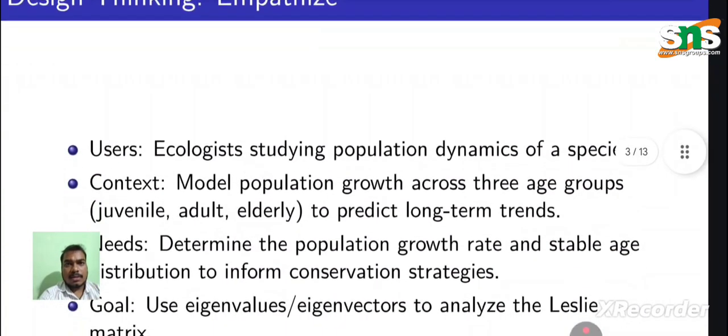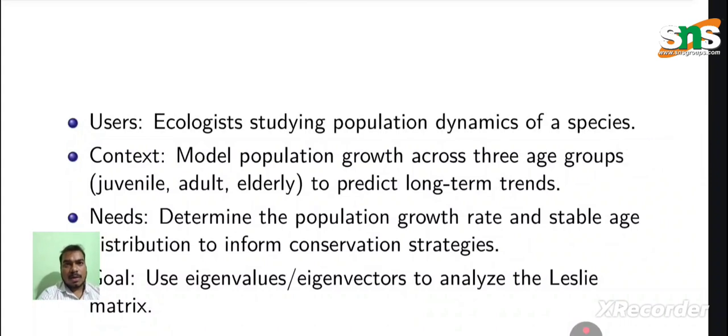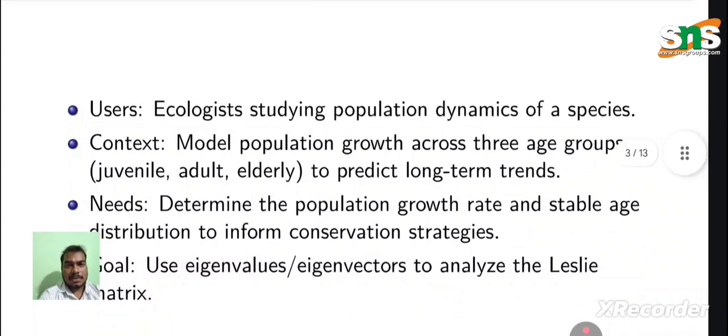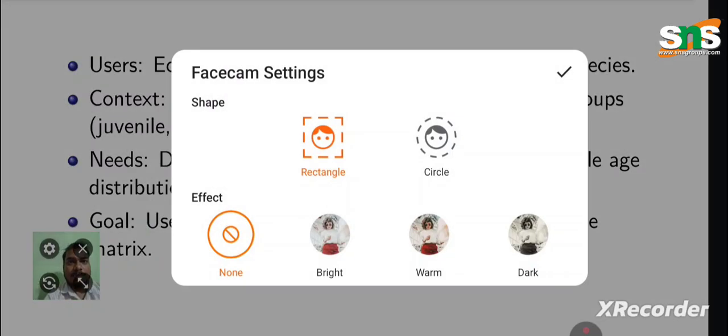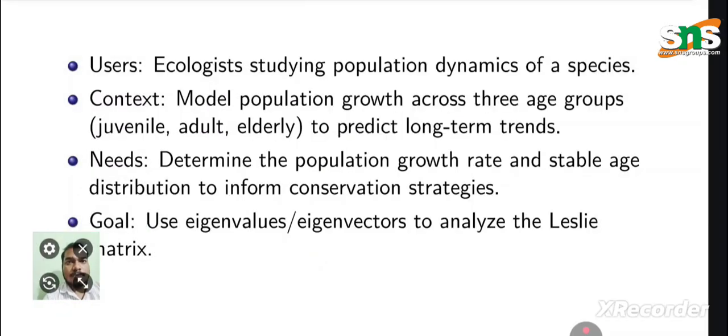Empathize. The user is an ecologist studying the population dynamics of a species. Context: the model population growth across three age groups, juvenile, adult, and elderly, yearly, to predict long-term trends.